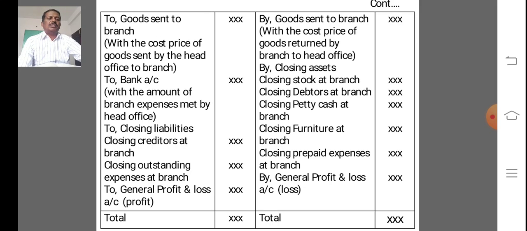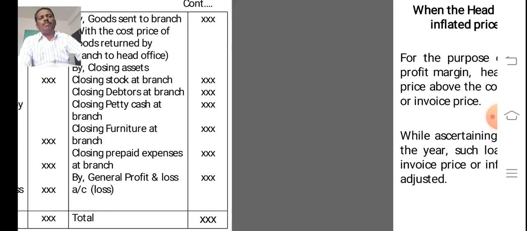So these memorandum debtors account, memorandum creditors account, memorandum bills receivable and memorandum bills payable account are discussed in the chapter conversion of single entry into double entry system. More information is provided in the conversion of single entry system into double entry system.